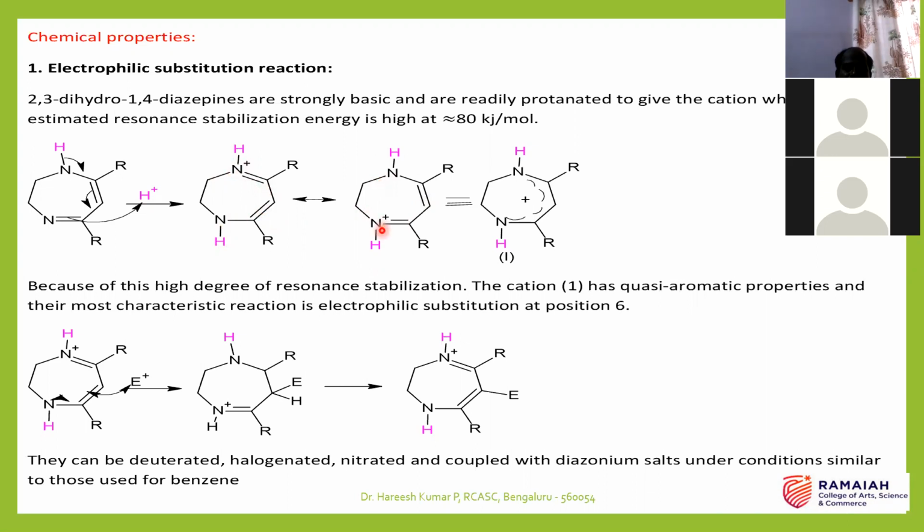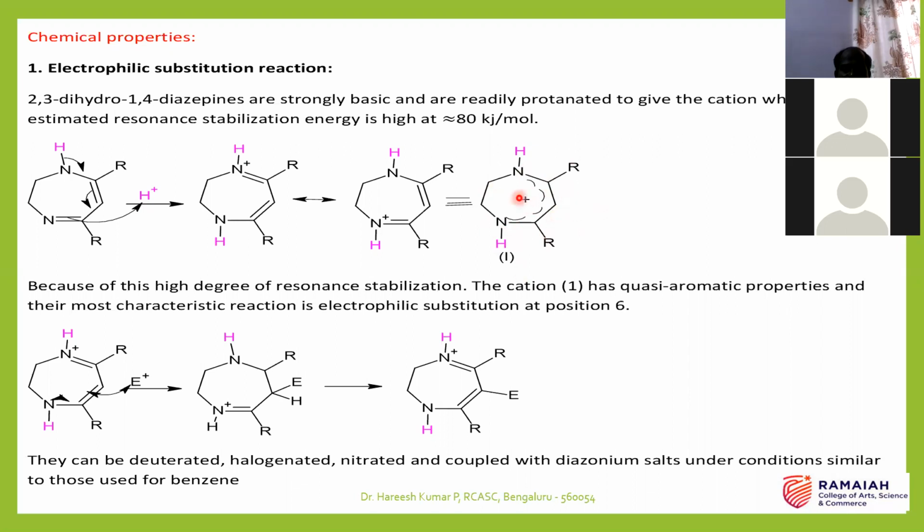If you want to write the resonance hybrid, one can write it like this. The positive charge is moved from this nitrogen to this carbon, this carbon, this carbon, and this carbon. If you look into the resonance energy, if this energy is less, then this will be the stable one.